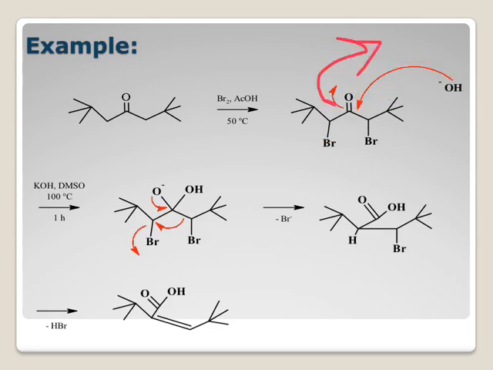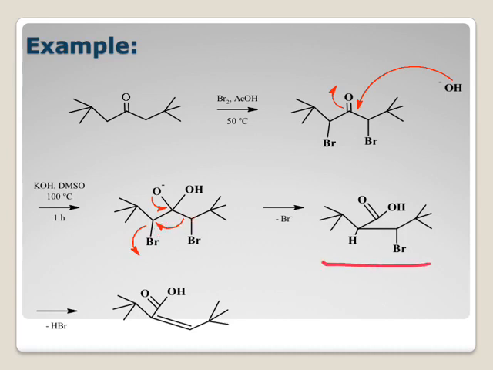Once we get this intermediate, then again the driving force is the negative charge on the oxygen atom. Those electron pairs will shift to form a carbon-oxygen double bond, and it is a symmetrical molecule. So, any one group will migrate. Here this bond is breaking, and it is forming a bond with this carbon atom. So, we get this molecule and one of the bromide ions leaves the molecule.